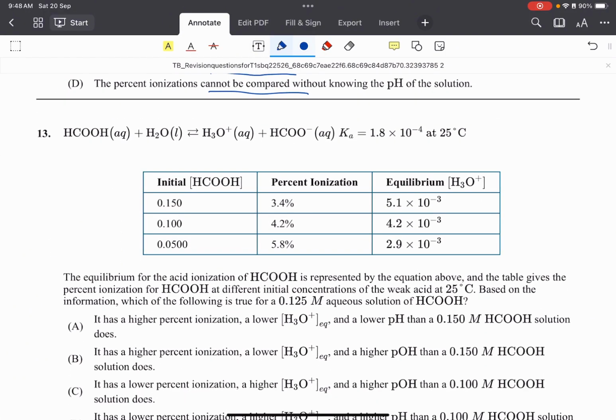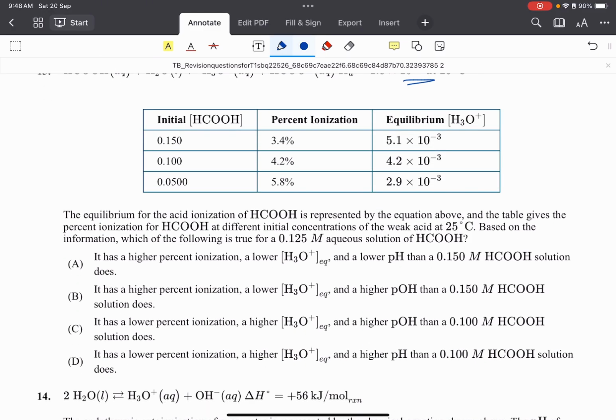Moving on, I have a weak acid over here, ionizing. Okay, let's compare the table before reading the question. As the acid concentration is decreasing, we have less starting amount of acid. Now, this is a weak acid.